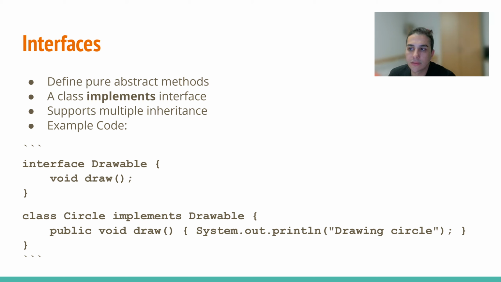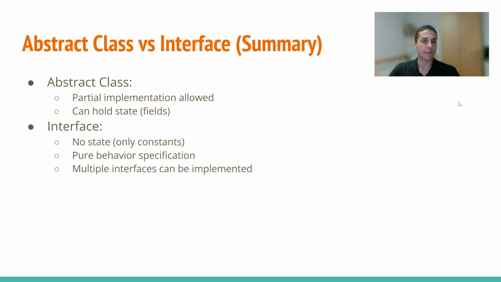You can just show how a short interface and a class implementation is coded for exams, or you can just give this simple example. Okay, so abstract class and interface, let's summarize it.